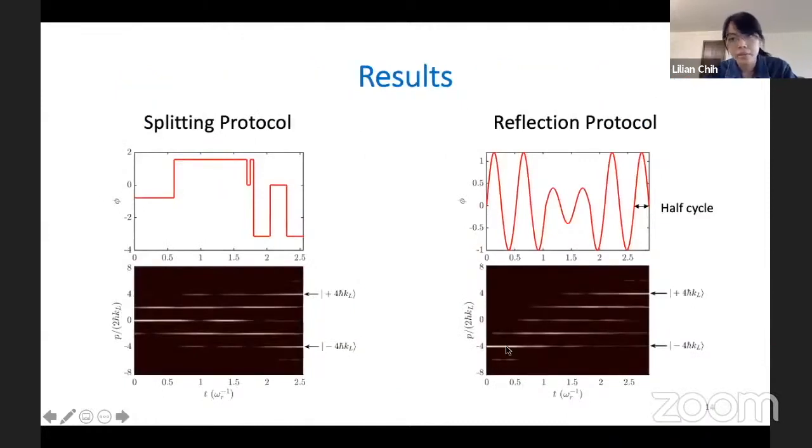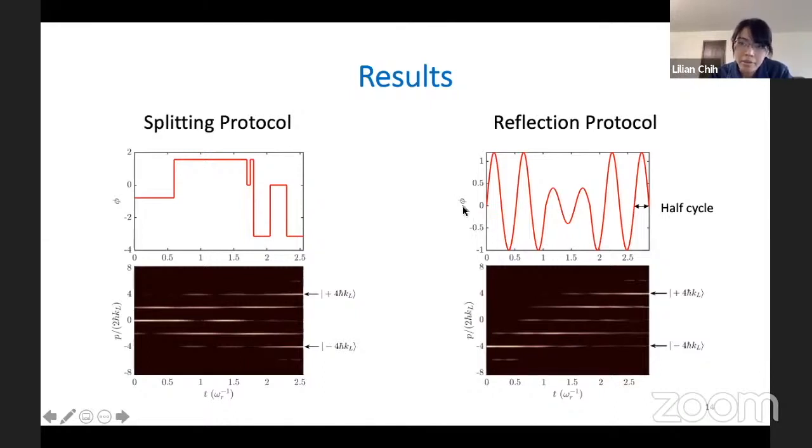So on the right is the result for the reflection protocol. Up here is the phase as a function of time. And as I mentioned, the amplitude is chosen every half cycle of this oscillating pattern.